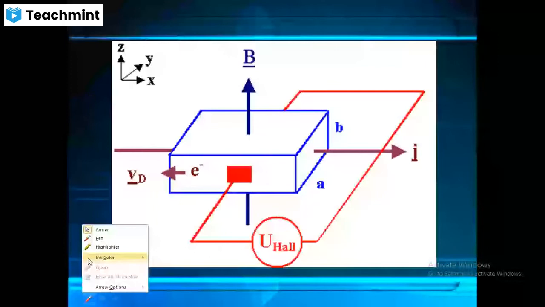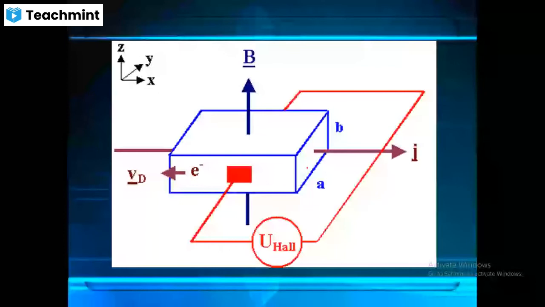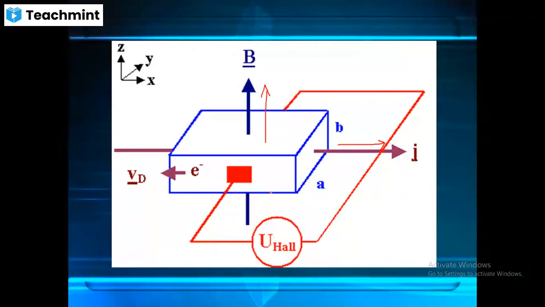If you take a rectangular conductor, we are supplying the current in the x direction, and then we are applying the magnetic field in the z direction. Once you apply the current in the x direction and the magnetic field perpendicular to it, we will have a voltage, what is called the Hall voltage.